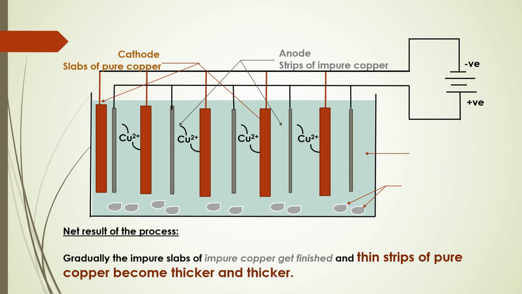So at the end, anode becomes like strips of impure copper, whereas cathode becomes like slabs of pure copper. So this is how we purify the copper metal from its impure state.